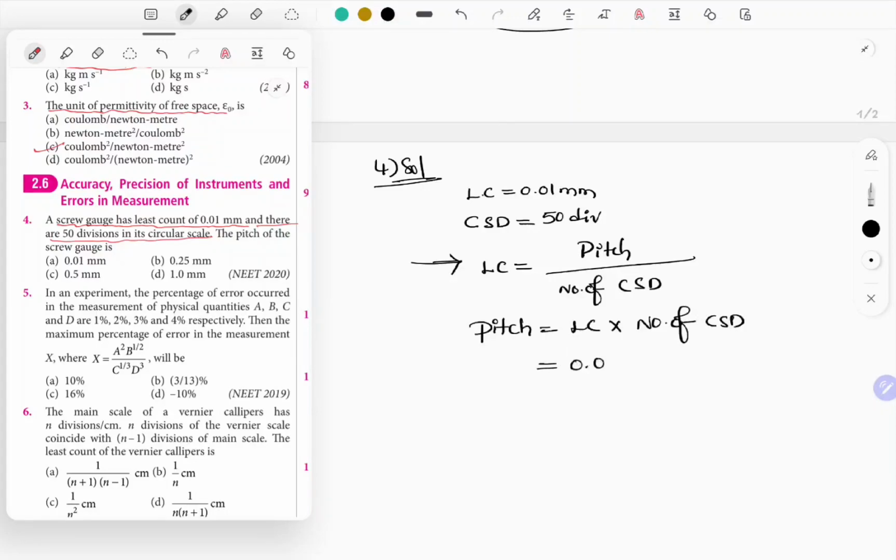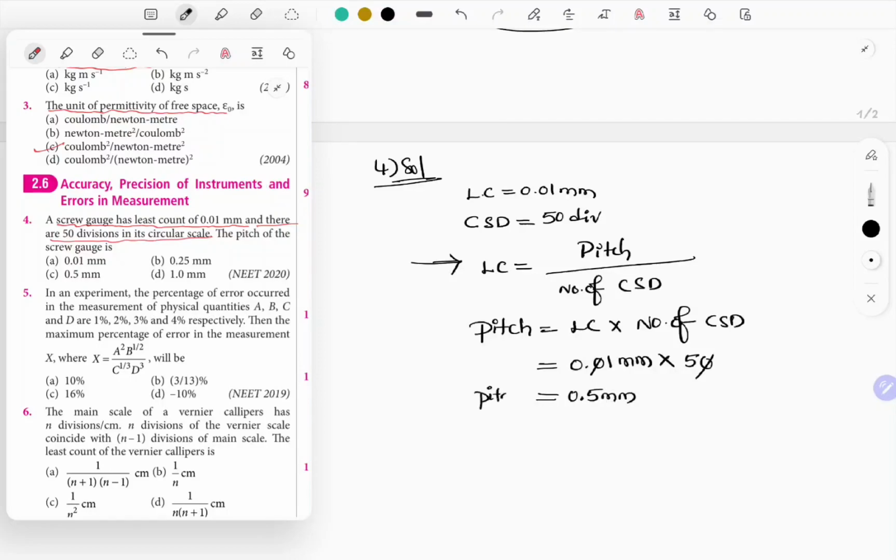Least count value is 0.01 millimeter. The number of circular scale divisions is 50. If you substitute, you are going to get the answer in millimeter. So the 1 0 will get cancelled here. I mean, you are going to get 0.1 into 5, which is 0.5 millimeter.